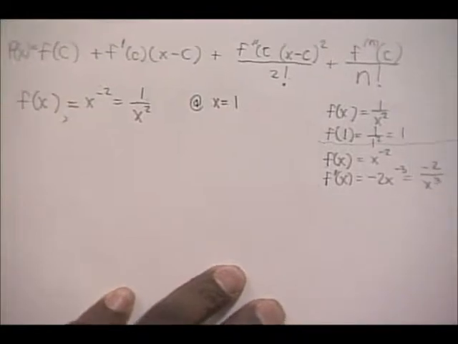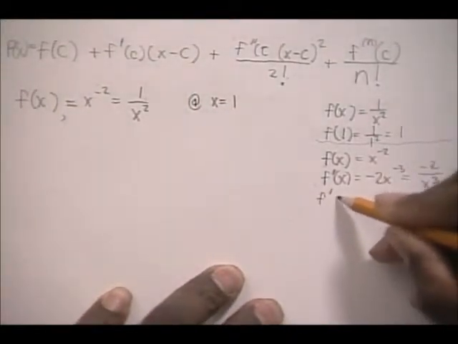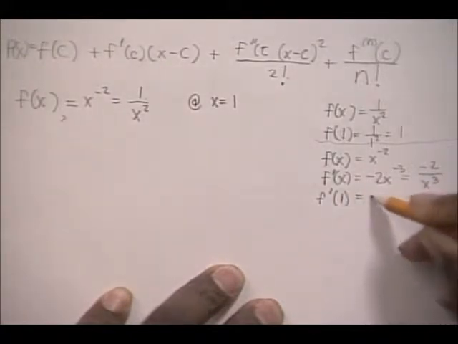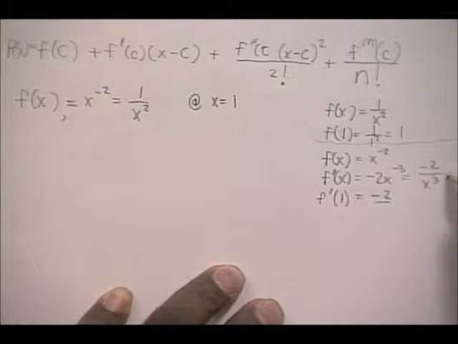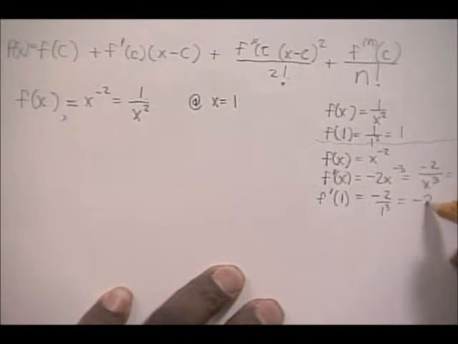So f prime sub c, or in our case 1, would be negative 2 over 1 cubed, which is just negative 2. So f prime sub 1 is negative 2, and f sub 1 is 1.